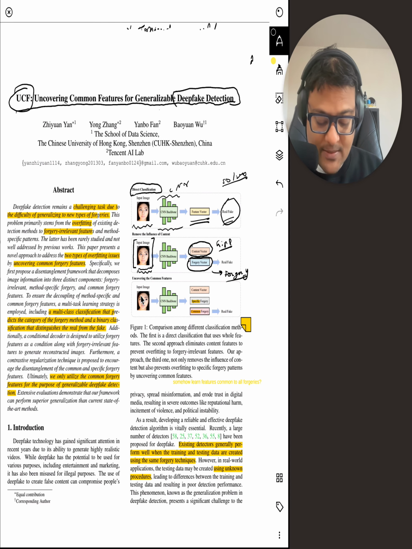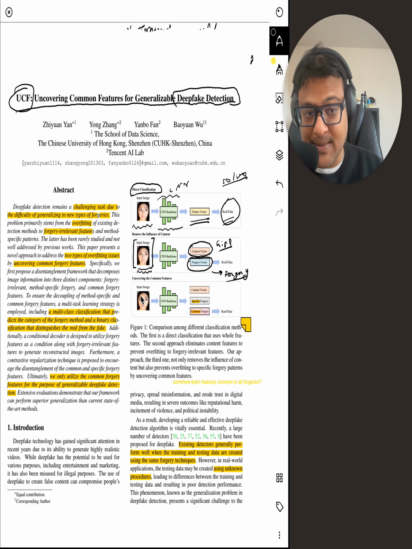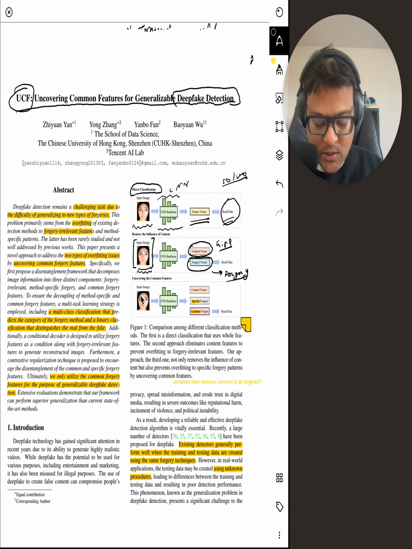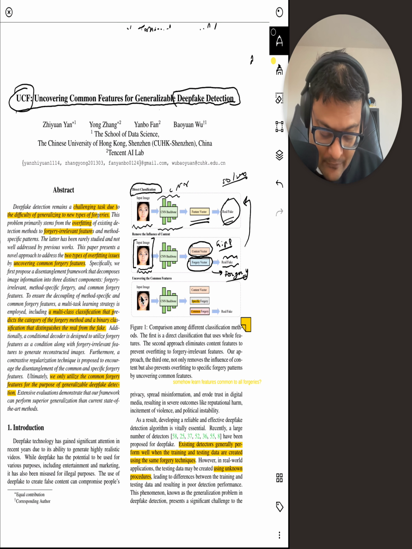Now, if you manage to disentangle these two, once you feed your image into the network, you get a content feature and a forgery feature. Then technically you can use these forgery features to do a classification task, real or fake. And the hope is that it will perform better than the baseline in part one of this figure, right? However, the problem is as follows.